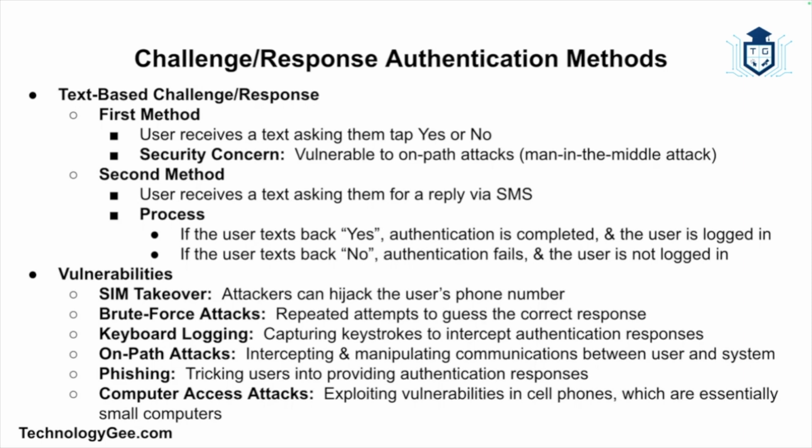If the user texts back yes, the authentication is completed and the user is logged in. If the user texts back no, then the authentication fails and the user is not logged in. SMS is susceptible to a SIM takeover, brute force attacks, key logging, on-path attacks, phishing, and common computer access attacks because after all, most cell phones are computers.